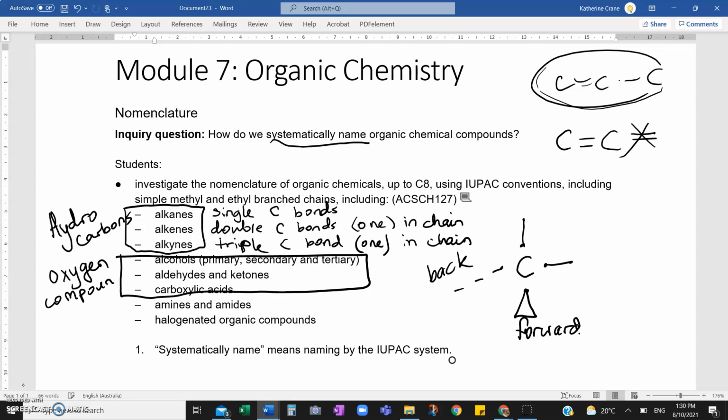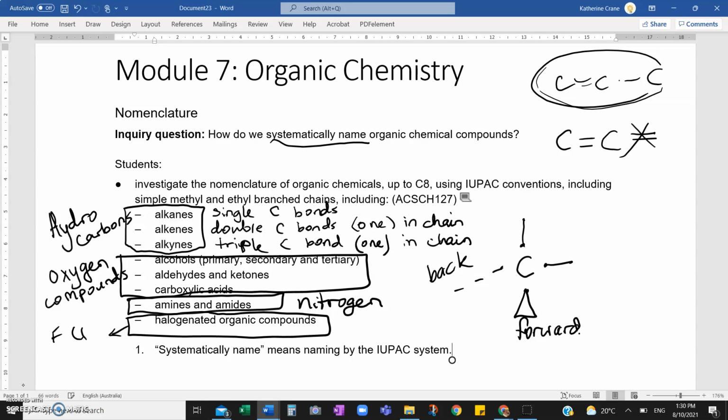And then we've got this group here, and these ones have nitrogen. One of them also has oxygen, but we're just going to focus on the nitrogens. And the last one is one I showed you today, halogens. So halogens, these are fluorine, chlorine, bromine, and iodine.